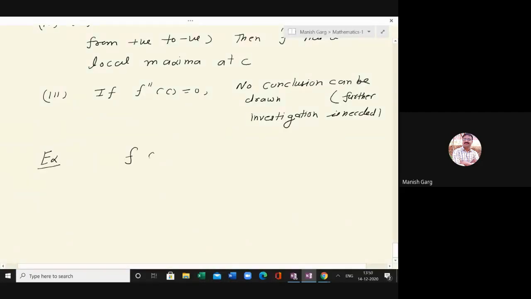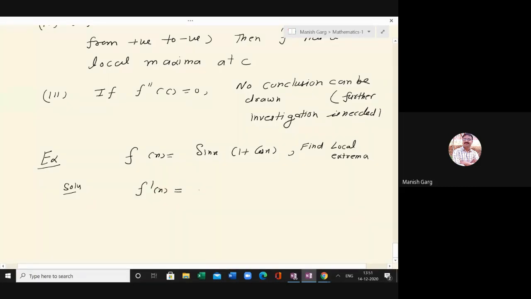Suppose you have a function f(x) is equal to sin x (1 plus cos x). Find the local extrema. First, f is twice differentiable because sin x and cos x are twice differentiable. So find f dash x.